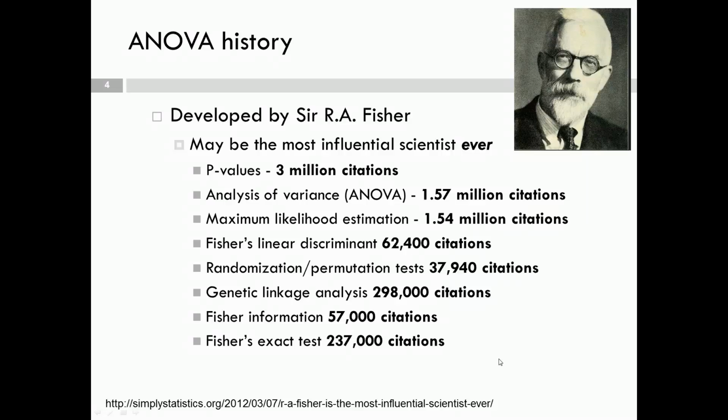When you consider that on average, most scientific papers get maybe 1 citation, if they're lucky, and if you get like 10 citations, you're doing a pretty good job and your science is usually considered somewhat influential, to get upwards of 7 million citations is just unbelievable. And it eclipses almost every other scientist in history.